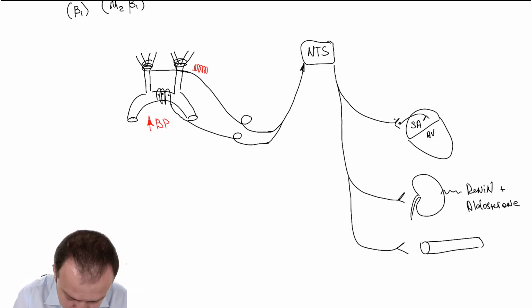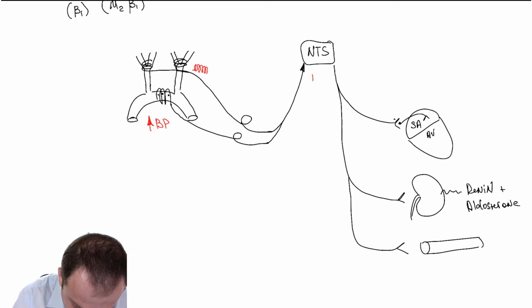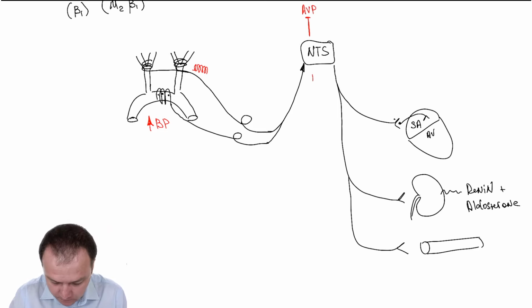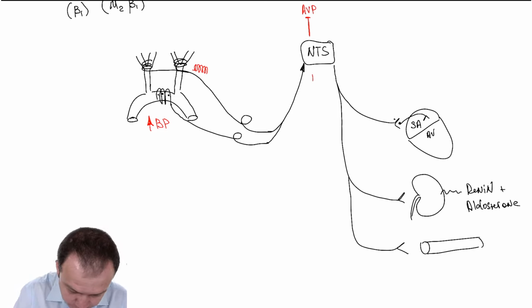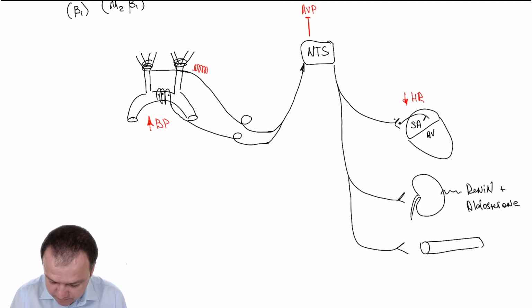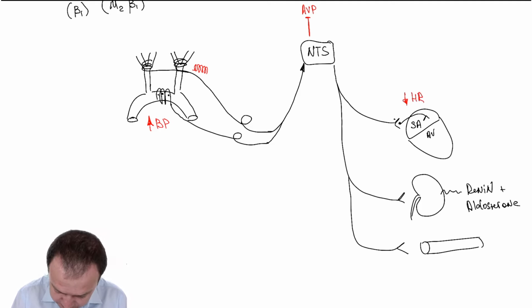We have inhibition in releasing of arginine vasopressin, antidiuretic hormone. As blood pressure becomes high, we have slowing down in the heart rate, right? We have decreasing in contractility. We have decreasing in renin releasing and decreasing vessel tone.